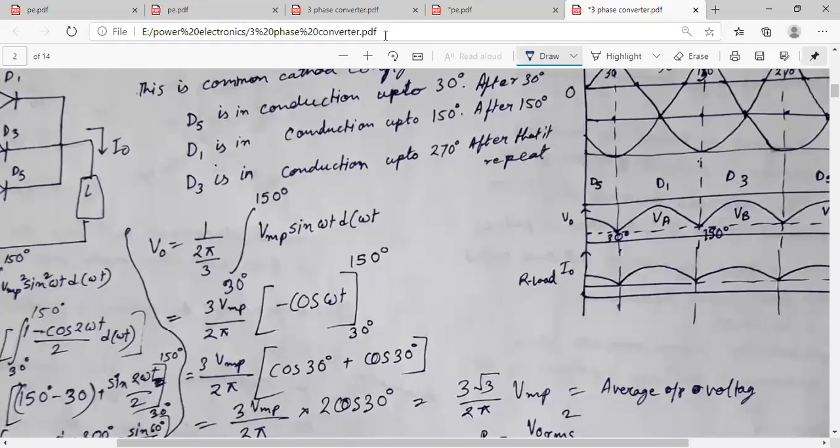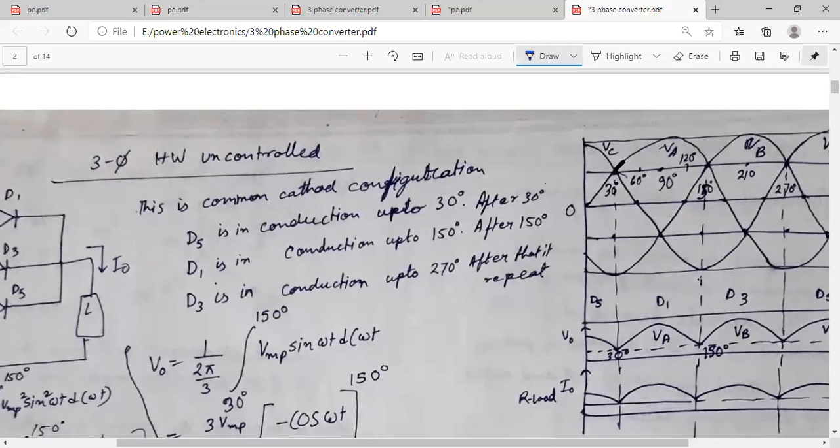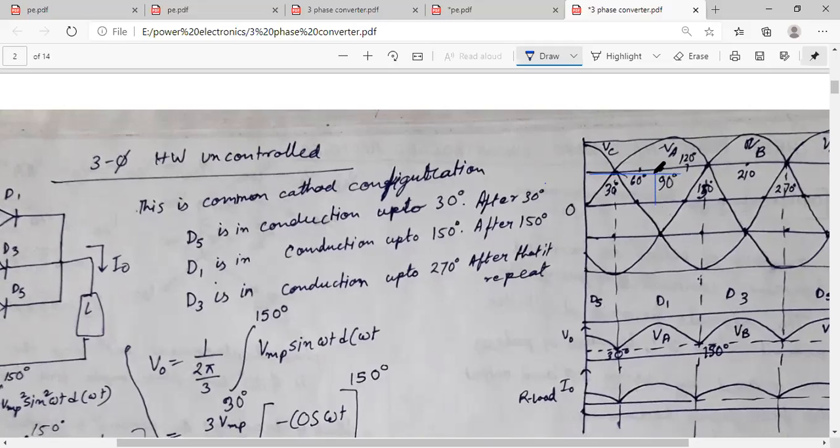So here the output voltage, you can understand that our first voltage VA is started at 30 degree. Thus, it is not starting from 0 degree, it is starting from 30 degree. So it is having a shape, this is the shape it is having.